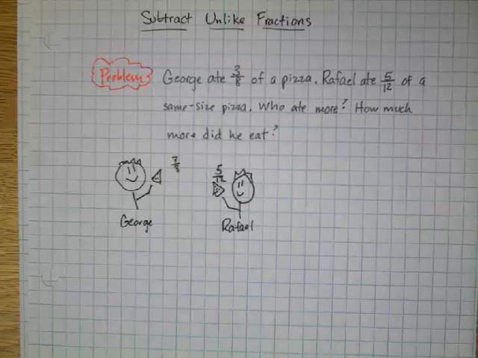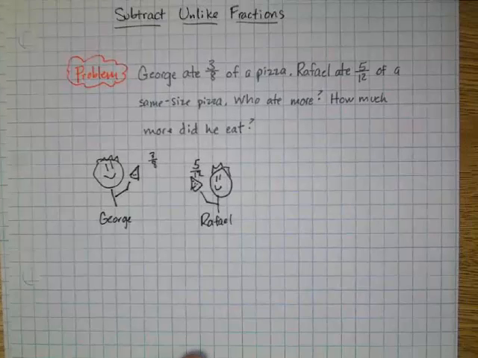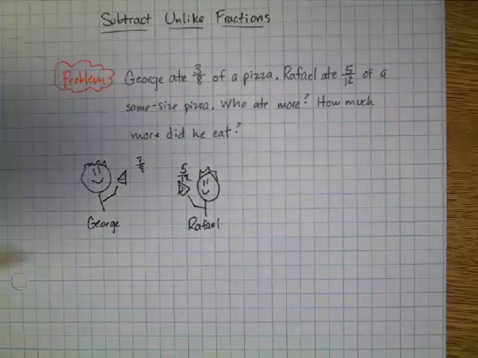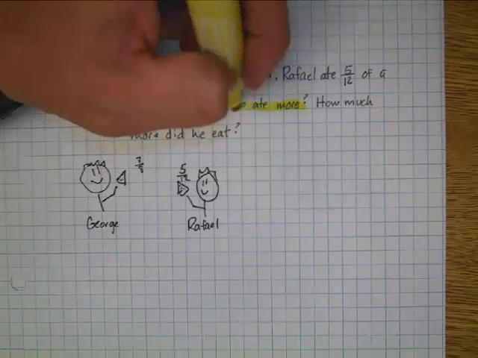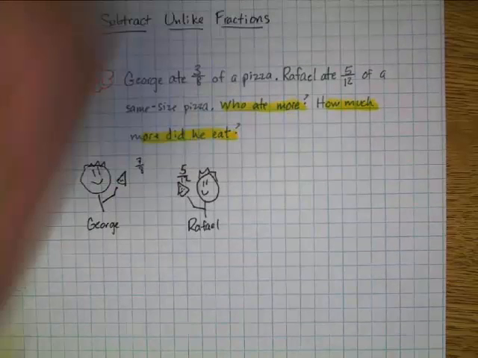The second step is to rewrite the question as a form of an answer. So really, what is the question asking? Well, first there are two questions. Question number one, who ate more? And question number two, how much more did he eat? So we need to rewrite that as a statement.